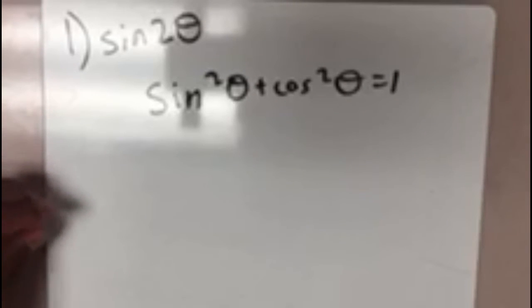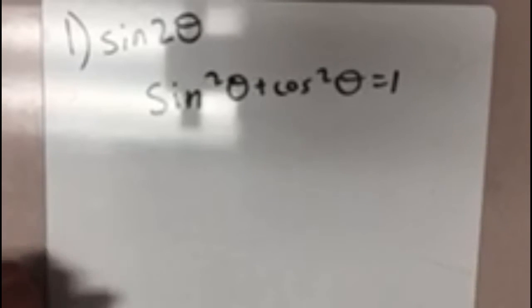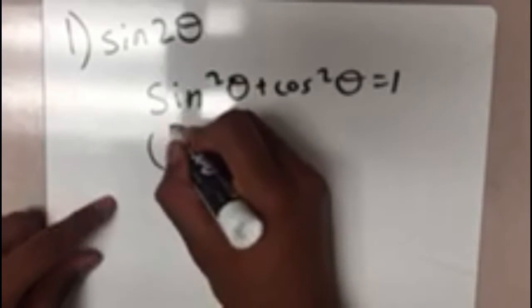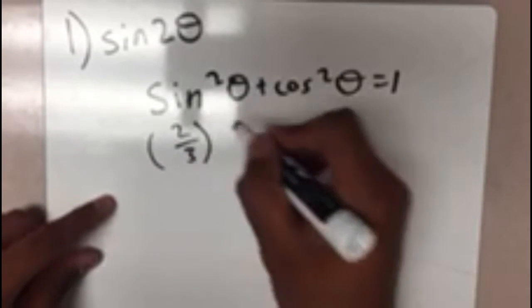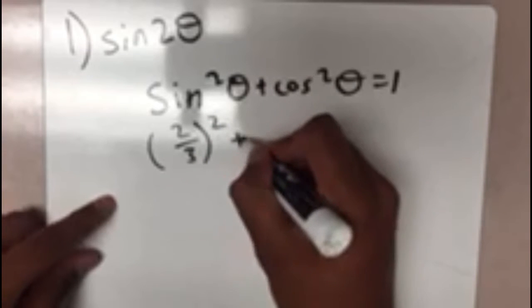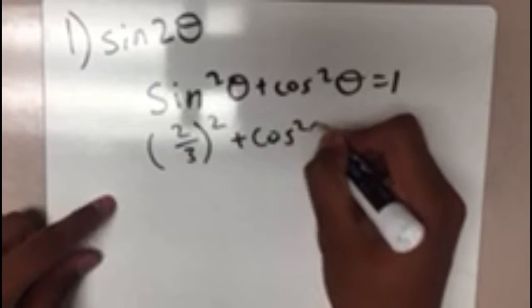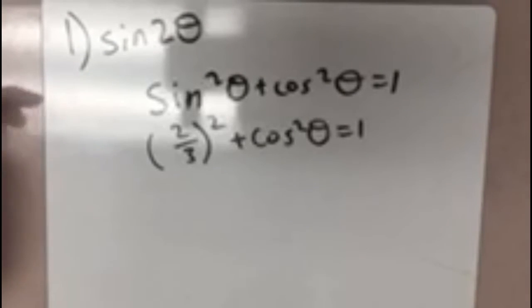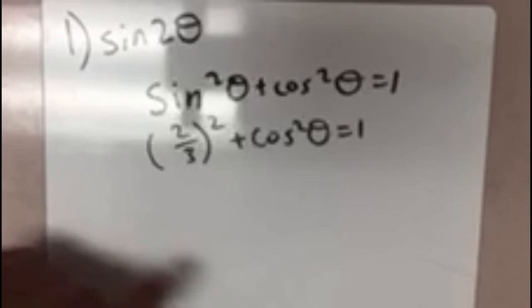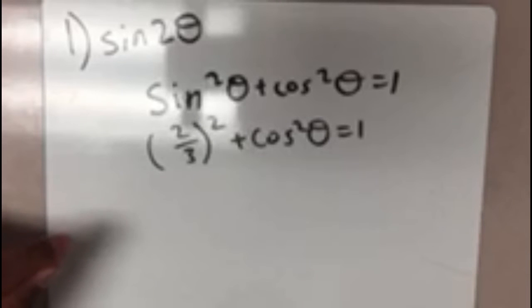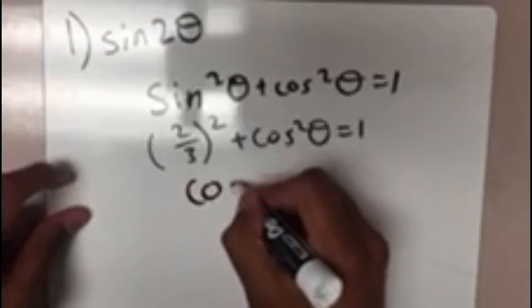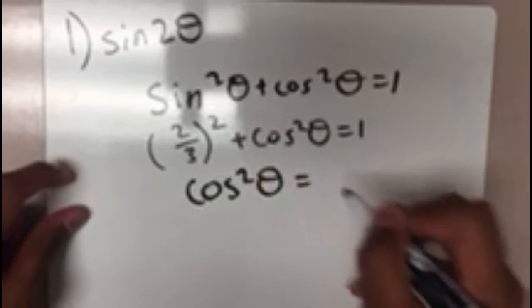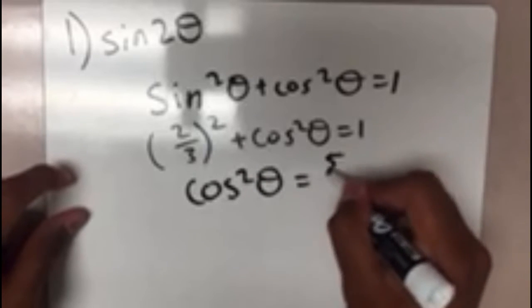And then you have to plug in 2 over 3 for sine theta. 2 over 3 squared plus cosine squared theta equals 1. And then, after you square the 2 over 3 and subtract that from 1, you get cosine squared theta equals 5 over 9.